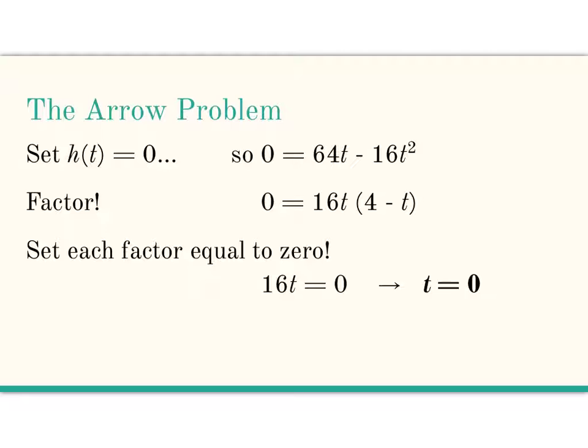Each of those factors gets set equal to 0, and we'll solve for t. So we'll take the first factor in the original right-hand side and set that equal to 0 and solve for t, and that's pretty simple. 0 divided by 16 is 0. There's one of our solutions. That's when the arrow was just about to be shot up into the air.